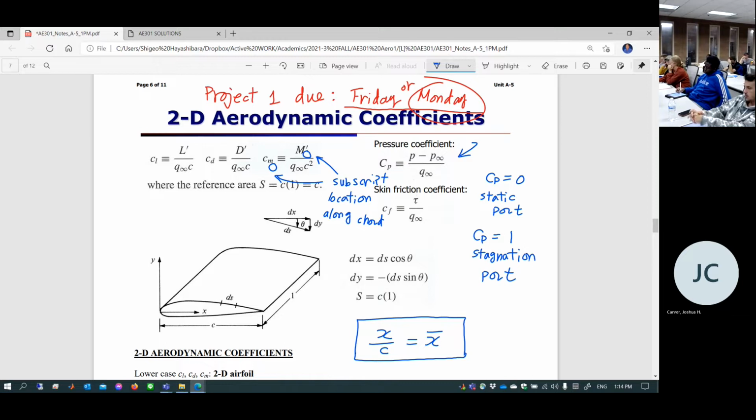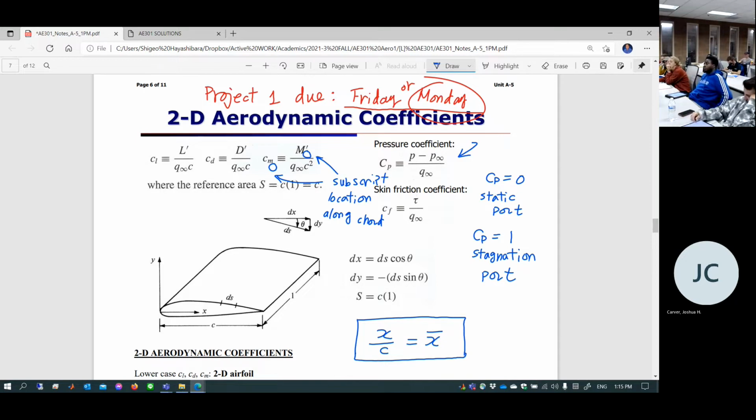Can CP become more than 1? Yes or no? No. 1 is the absolute largest value of CP. You cannot have CP of 1.2. You can laugh if somebody says that. CP of 1.2? Huh? That's your reaction. CP 1 is the stagnation point.